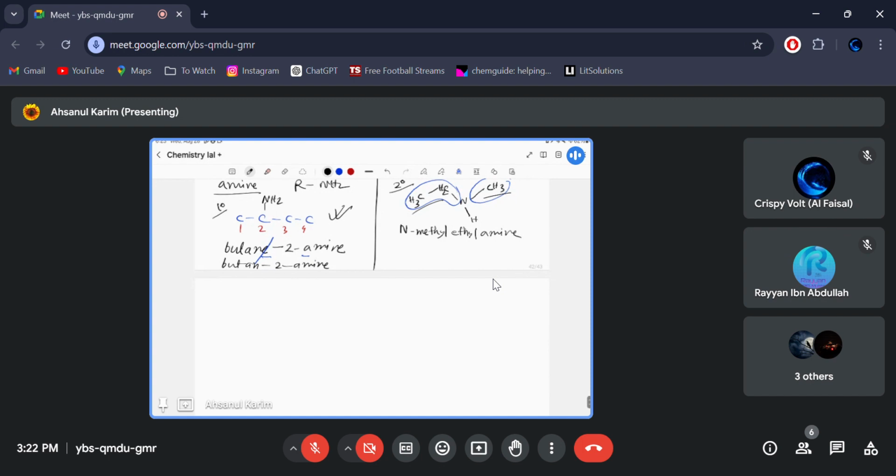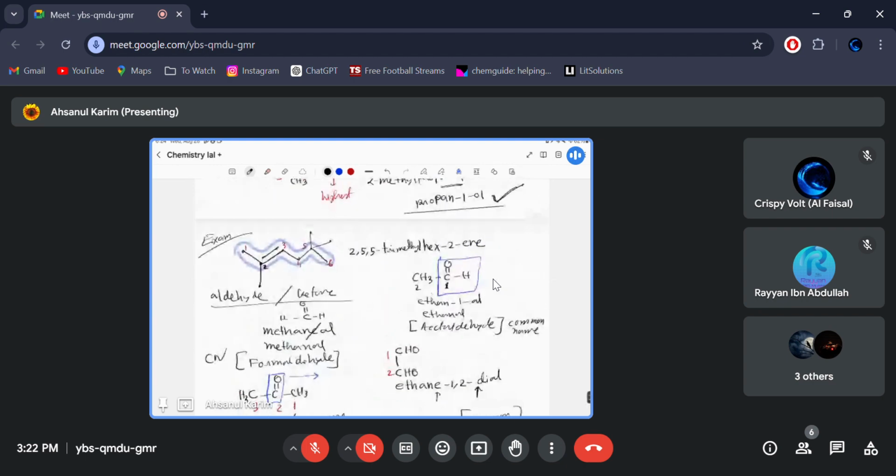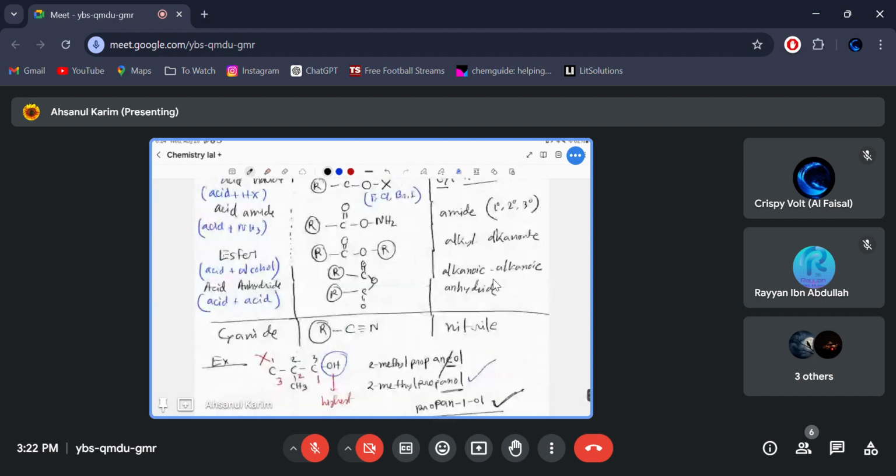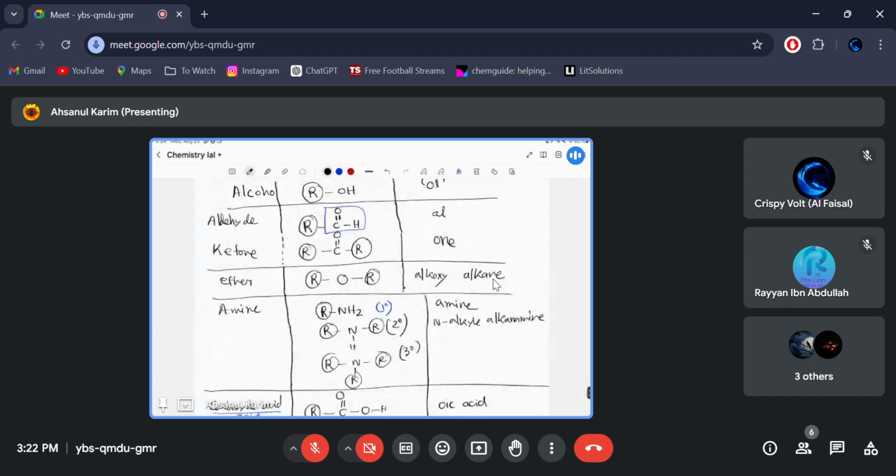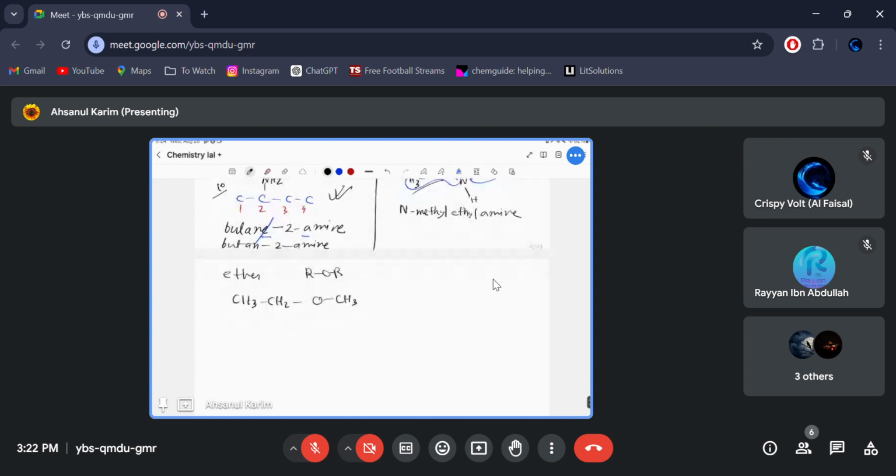Now we have ether. What is ether? Ether is ROR. Here I have a group. What will be the name? Remember the ether naming? The name of the ether was alkoxyalkane, right? So always start with the smallest chain.